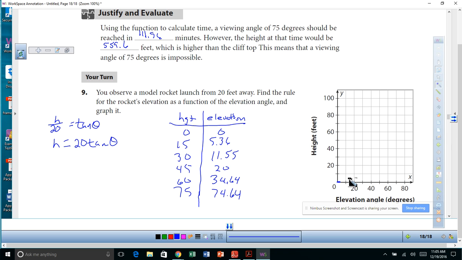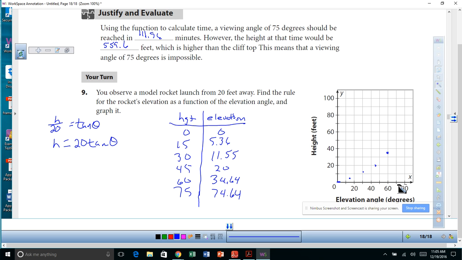Okay, so we got 0. 15, that's halfway in between here, would be 5 point something, and we'll say it's about right there. 30 would be here, that's going to be 11.55. 45 would be 20. 60, that's 34, would be about right there, maybe halfway.